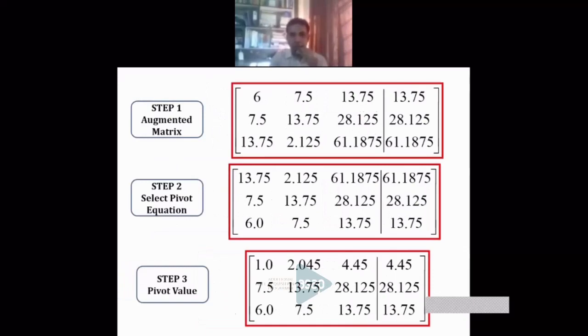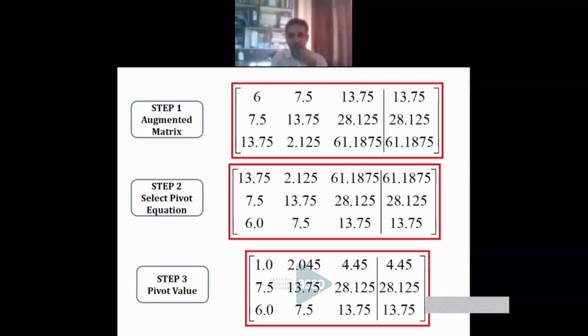Next. Now I've just written the augmented matrix again for the sake of discussion, to calculate the pivot equation. In this, all three, A, B, C, are available for all three equations. So this is the x value, the highest value per function, so I'm interchanging this row with the first.